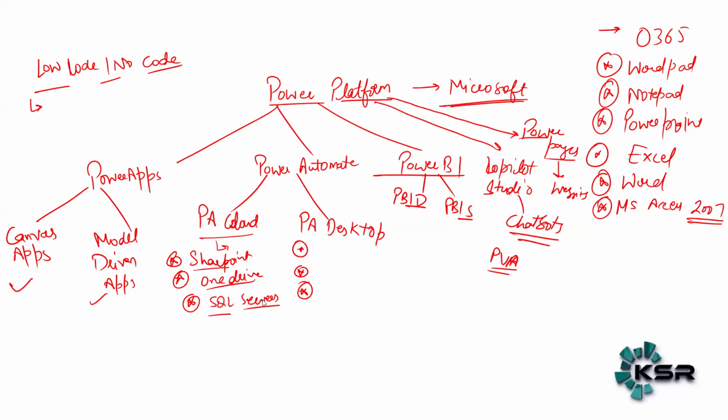Basically, it will act as a bot and do all the operations like you are doing. It will open the browser, click on the tab, add your 9 hours, and then submit. This is how Power Automate Desktop works.